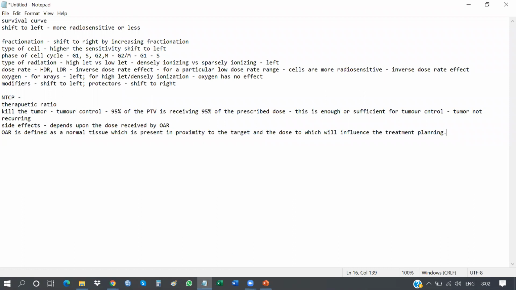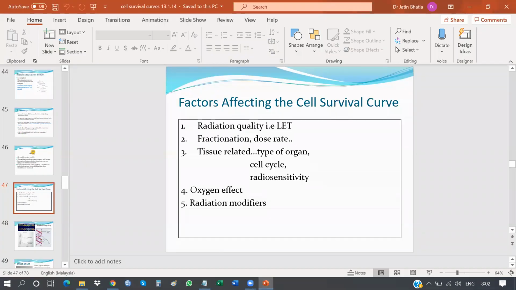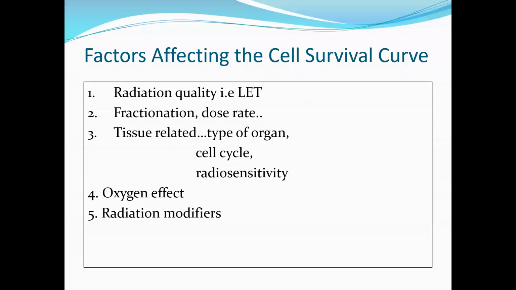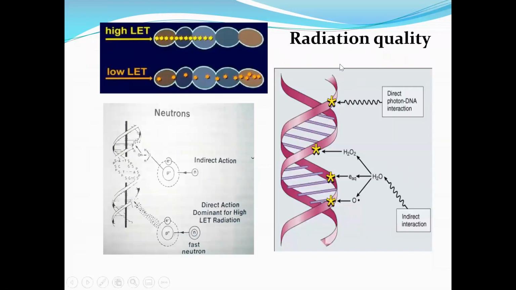Now let us begin. Factors affecting cell survival. Now coming to radiation quality: high LET and low LET. I believe you all know LET, or do you want me to take a class on LET, RBE and OER?